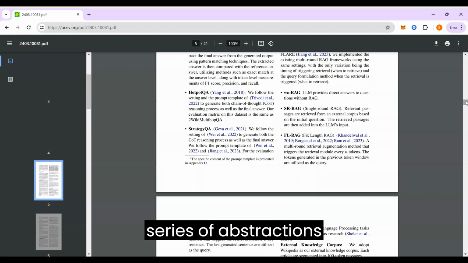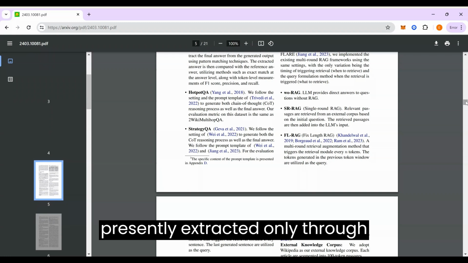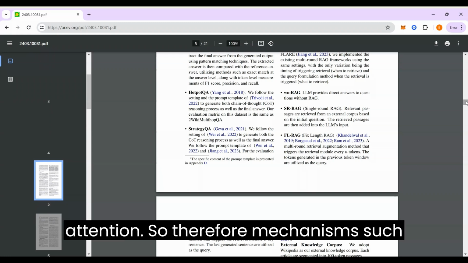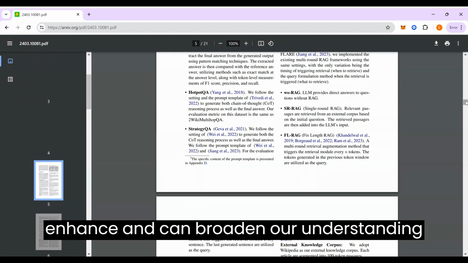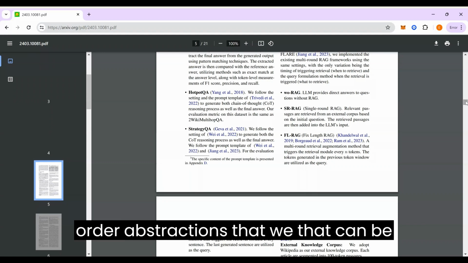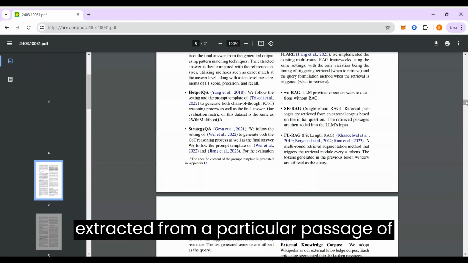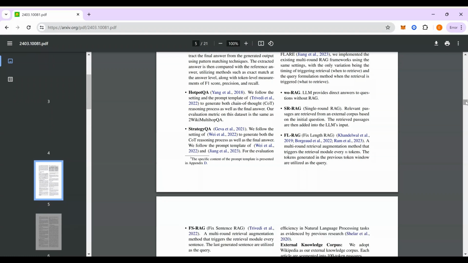This series of abstractions within a particular text requires more context dependencies than can presently be extracted through attention alone. So mechanisms such as DRAGIN can help enhance and broaden our understanding of different types of higher order abstractions that can be extracted from a particular passage of text or other multimodal data such as video or audio.